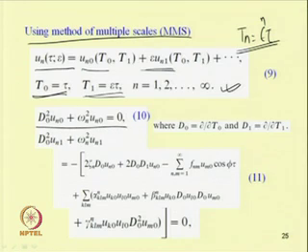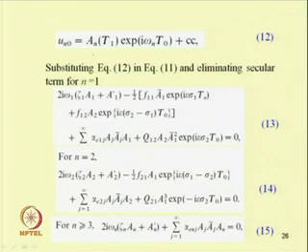The first equation can be written as D0 square un0 plus omega n square un0 equal to 0. We know the solution of this equation, which we can write in the form an(T1) e to the power i omega n T0 plus its complex conjugate.